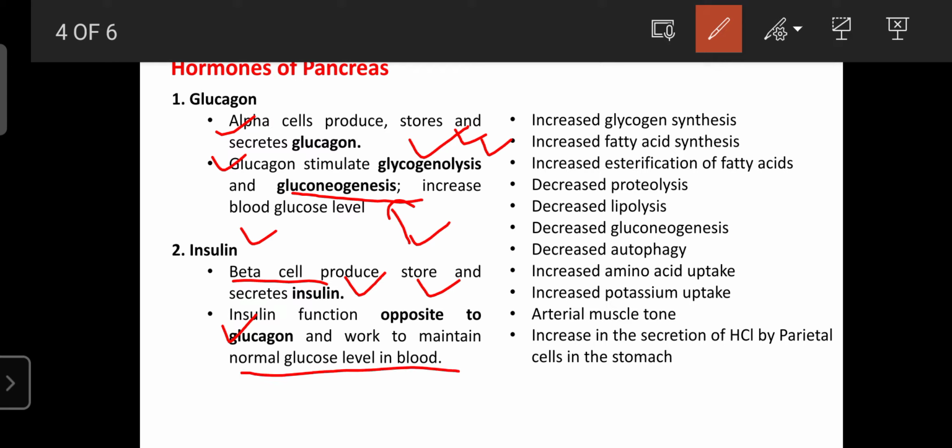So another effect of insulin is that it can increase glycogen synthesis. Insulin also increases fatty acid synthesis, and the esterification of fatty acids.